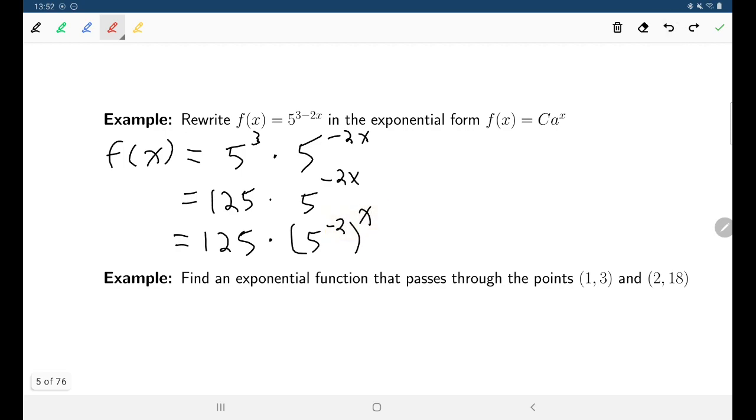So when you have 5 to the negative 2x, that is 5 to the negative 2 raised to the power of x. 5 to the power of negative 2, that's 1 over 5 squared, that's 1/25th. And then there we go. So we were able to rewrite it in that exponential form. Here our constant c is 125, and our base is 1/25th.